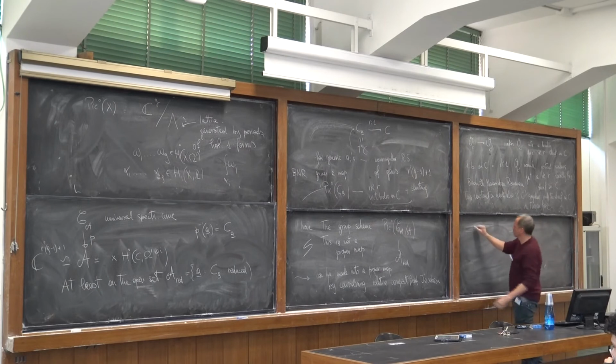So now we have, let's say, Pic 0 of C A over A compactified over A red.